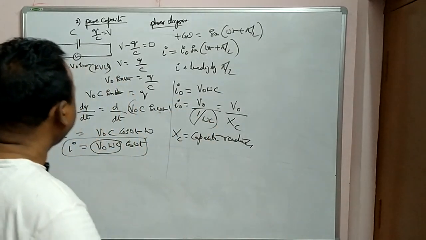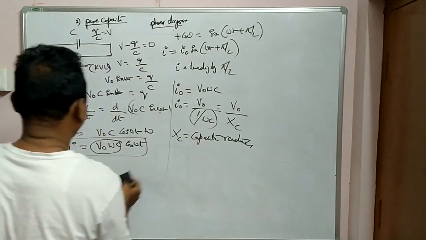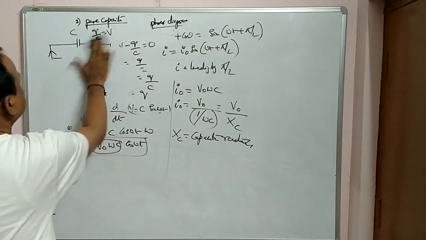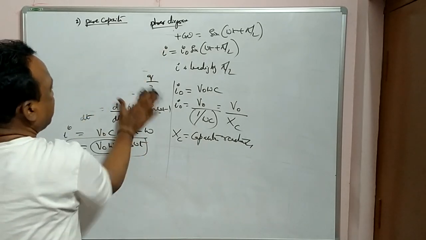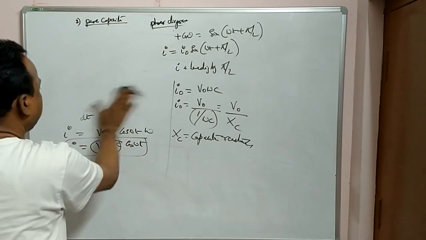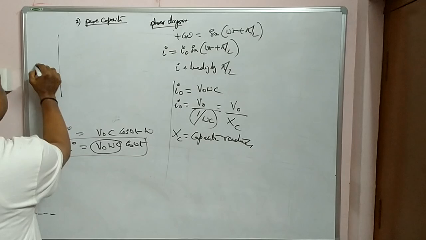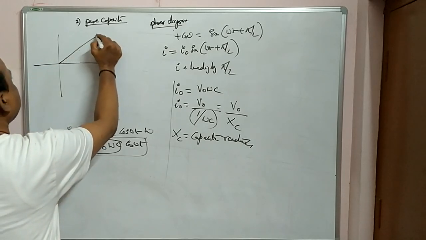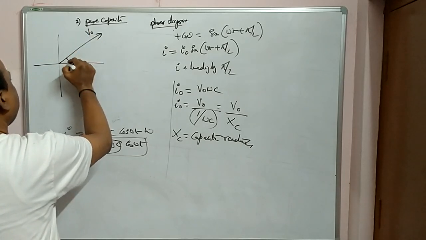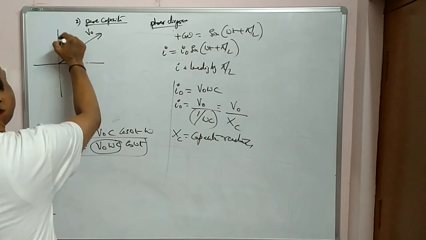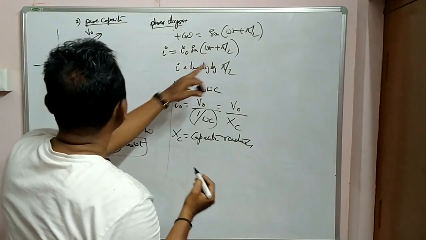Okay? Right. Now I am drawing the phasor diagram for this one, please. Copy it. So same thing you can draw for this one, nothing to worry at all. Rotating vector, you draw like this. Voltage V0 at omega t, and here what happened? Current is leading by pi by 2.